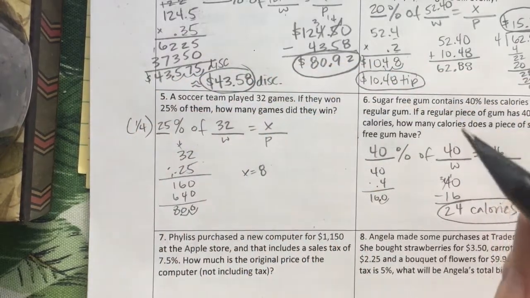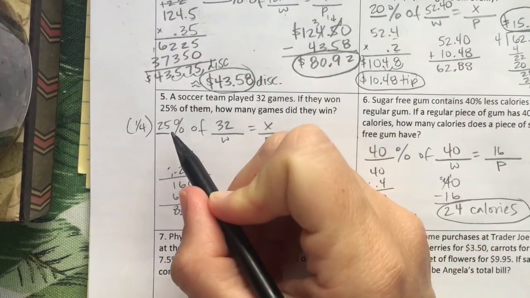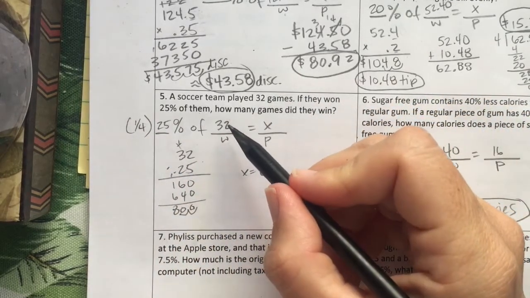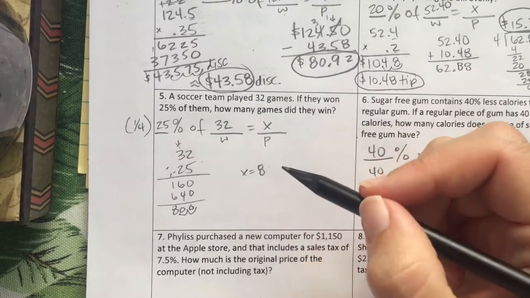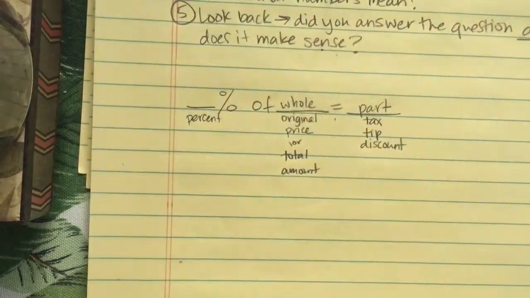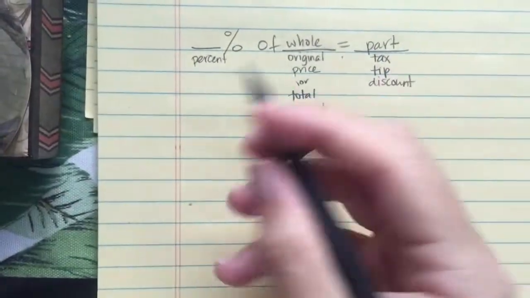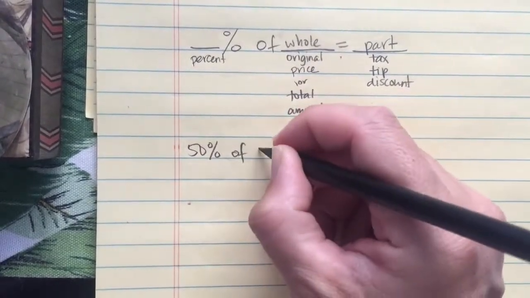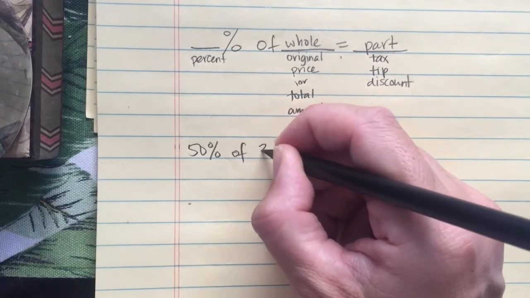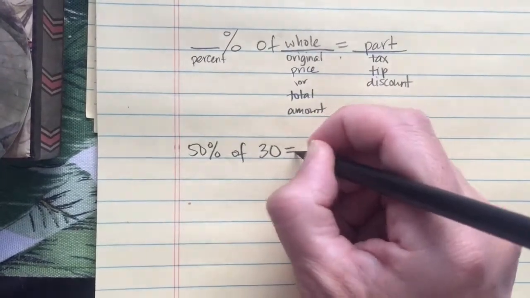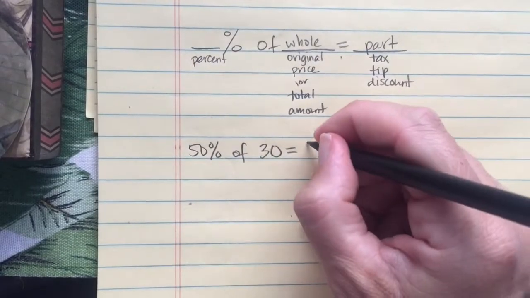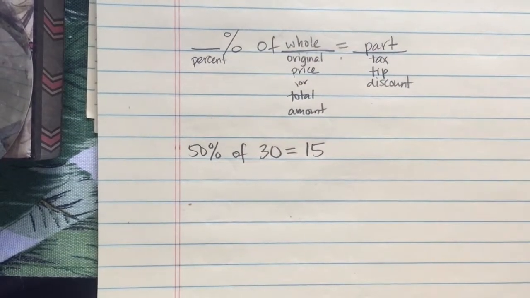So 32 divided by 4 is 8. It's the same thing if you had to do, I'm just going to do a little side note here, 50% of 30, it's just half of 30, right? Because 50% represents half. So that would be 15.